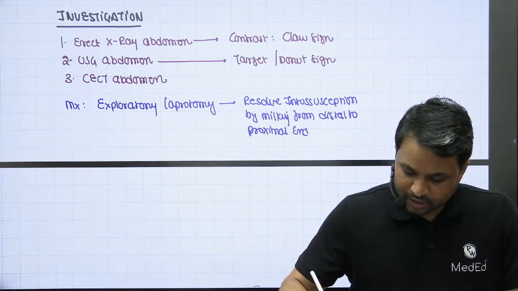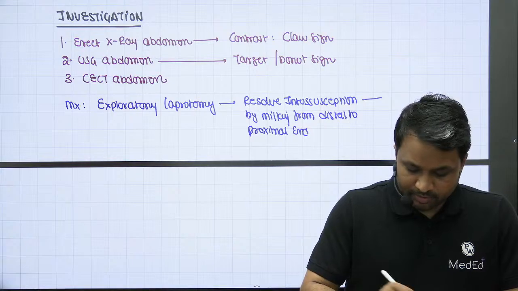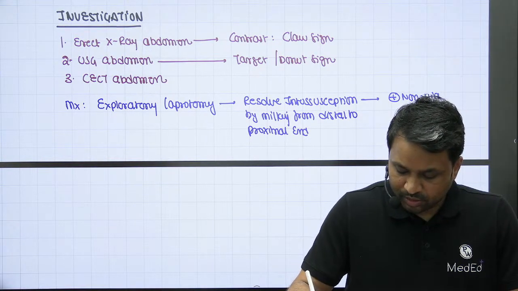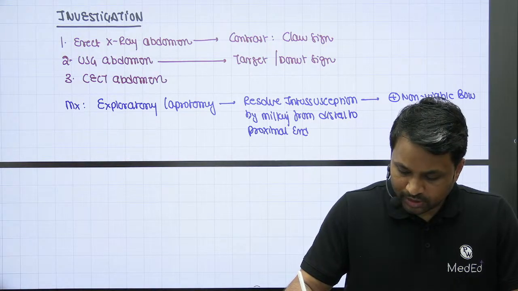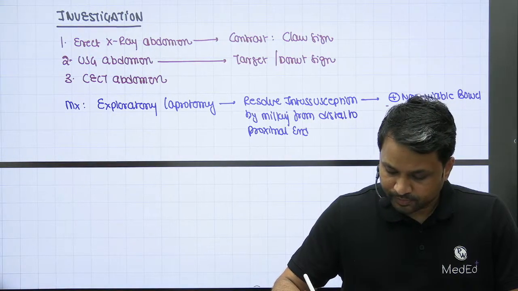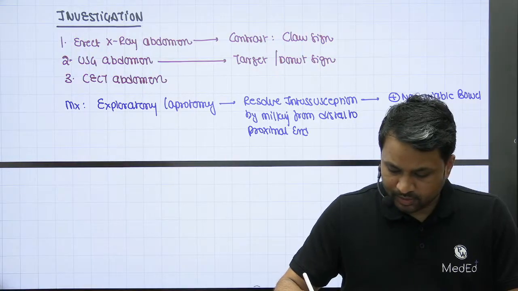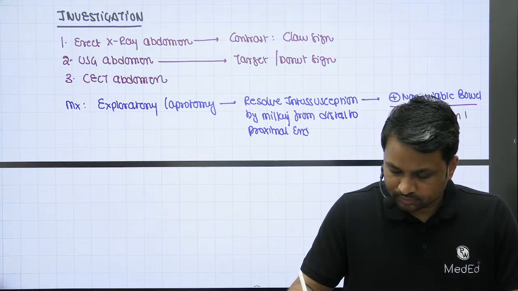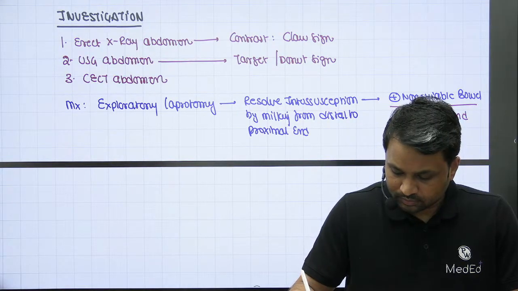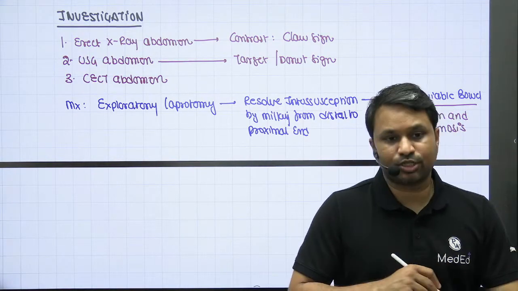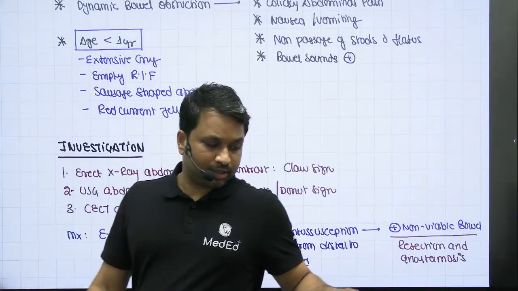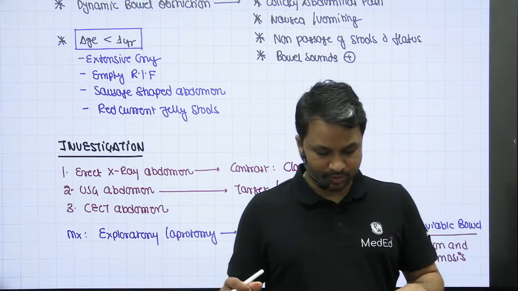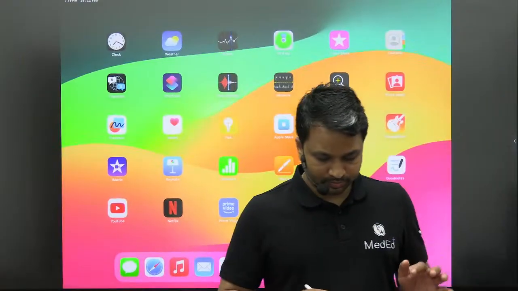Once you have done the milking, if there is a non-viable bowel, then go ahead with resection and anastomosis, right? So this is all that we should do with respect to intussusception.